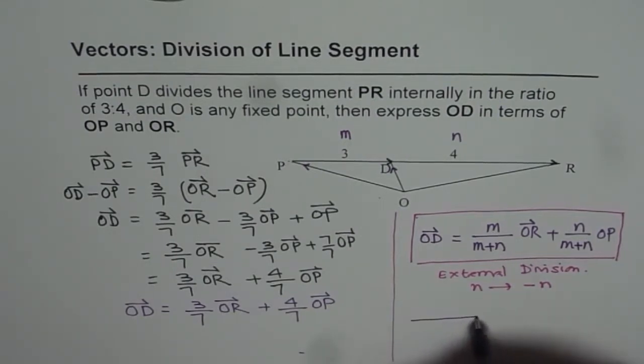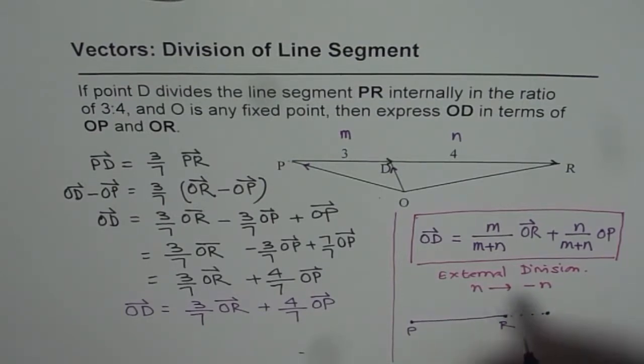It really means that if these are my P and R, then the point D is outside. In that case, when we say m to n, this is m for us, and this ratio is n. Since it is in the reverse direction, we take it as minus n. The same formula will work.